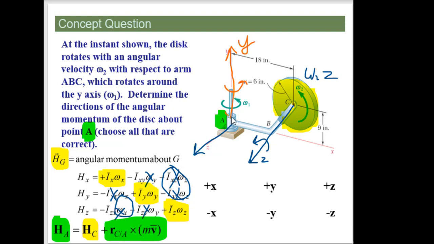And you see how omega 1 here is in the y direction. There is no rotation in the x direction, so we can get rid of this term. And the two things we're going to concentrate on here for omega x are y and z.